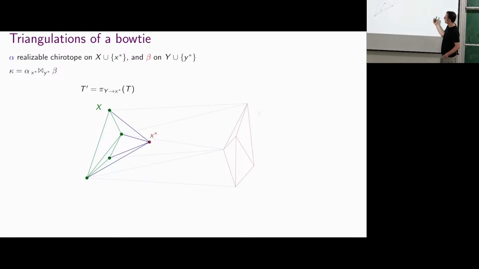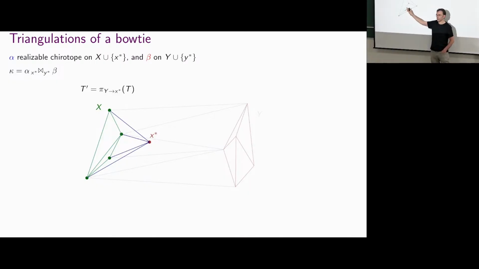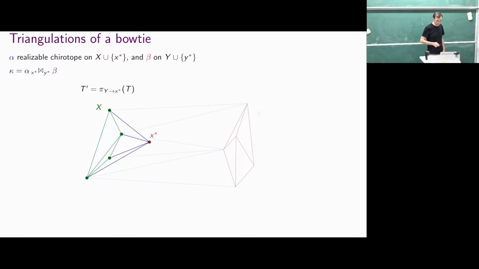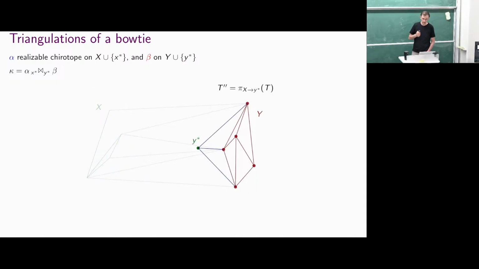They cannot cross, simply because every red point looks the same from the green point. So every triangulation of the bow tie can be projected to a triangulation of the left part, and similarly the right part.